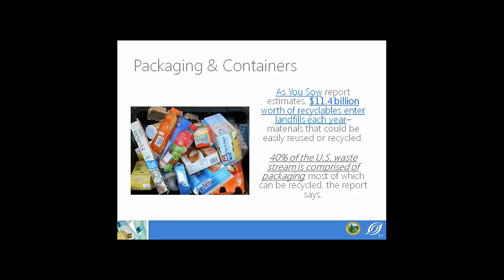So this report by As You Sow estimates that there's actually $11.4 billion worth of recyclables being thrown away each year just in the form of packaging, and that represents 40% of the U.S. waste stream. I've seen other estimates somewhere between 30 and 40. So it's a very, very large portion of what's being thrown away is just in packaging and highly recyclable materials.